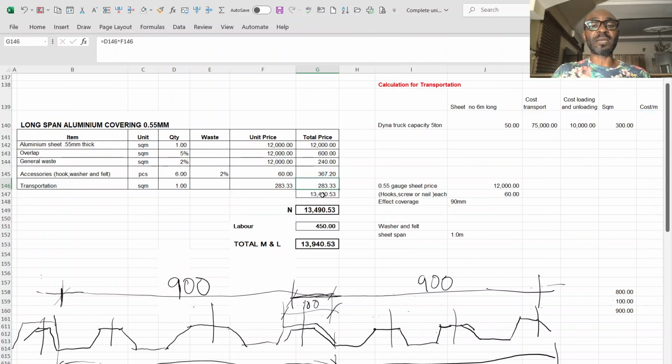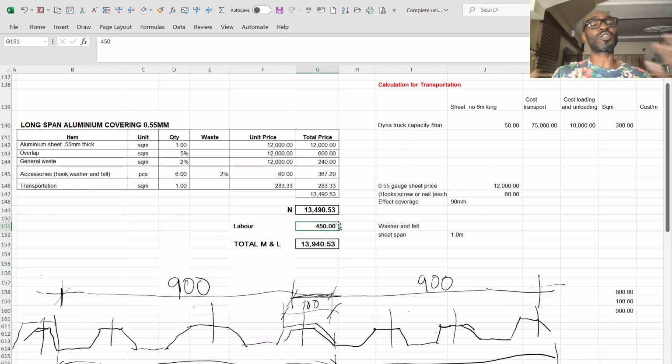Then by the time you sum up the total amount for the material, you're having 13,490. Then the cost for labor: usually they will give you a price per square meter, and some can charge you a lump sum. So to know what the price per square meter is, you divide that lump sum by the total square area of the roof.